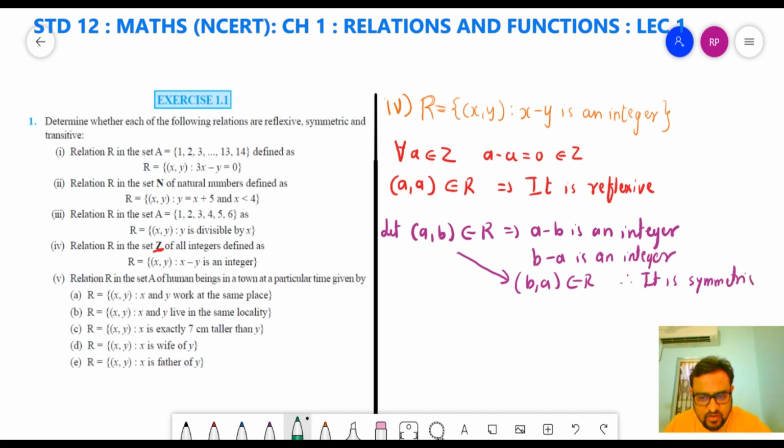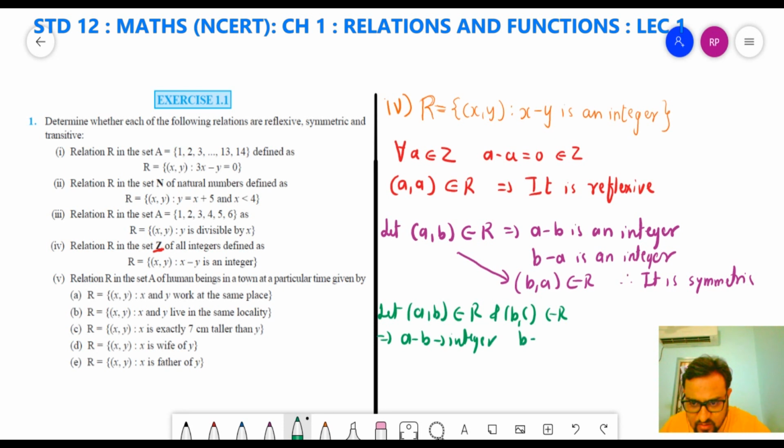Okay. Now for third, let (a, b) belong to R and (b, c) belong to R. What does this mean? a minus b is an integer, b minus c is an integer. Clear? Now just add these two. Well, we know that when we add two integers, the answer will be an integer. So a minus b plus b minus c, the b gets cancelled. So this implies a minus c is an integer.